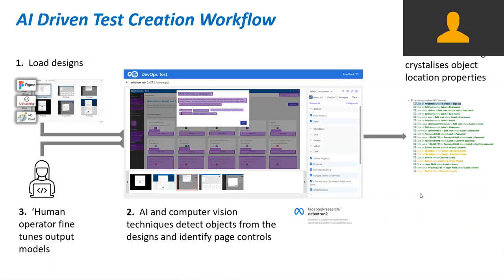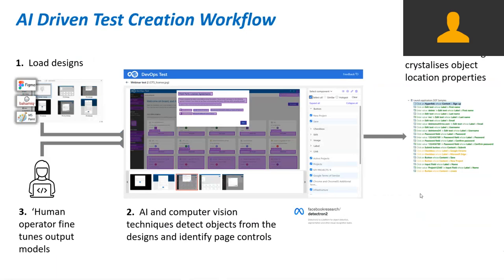But in reality, anybody who's done UI testing in the past will know, object locators are different from application to application. And although we might look at a text box that is for username, there's every opportunity that the developer of that control has labeled it something else, not username.